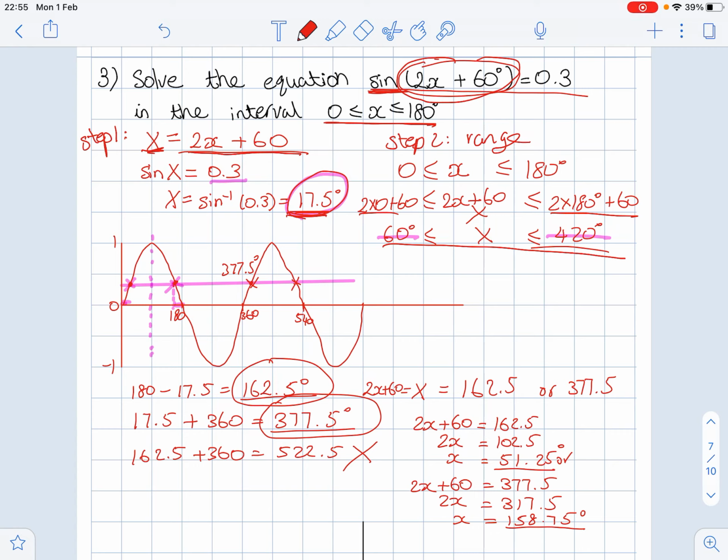Then step 3, draw your graph, then find your key points. Then step 4, you're just going to solve the equation. So you have 2x plus 60 equals your first value, and your second value.